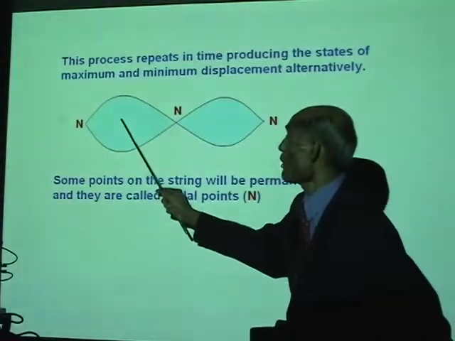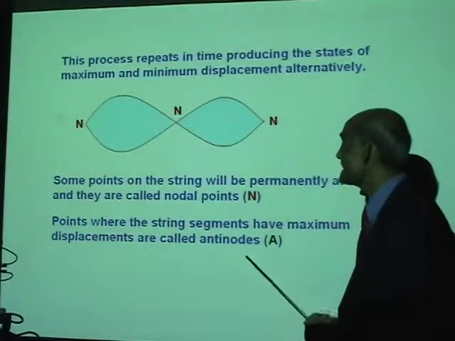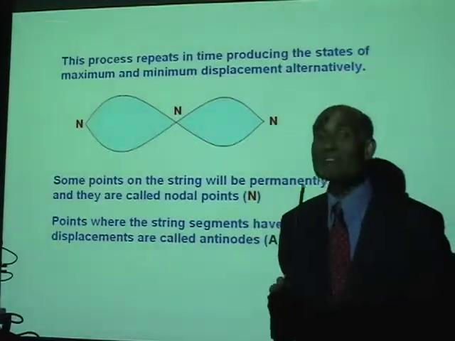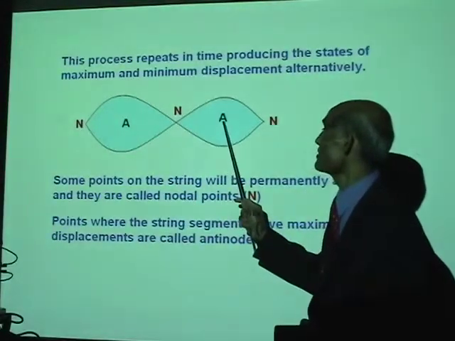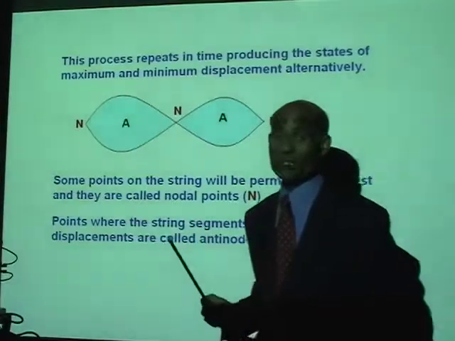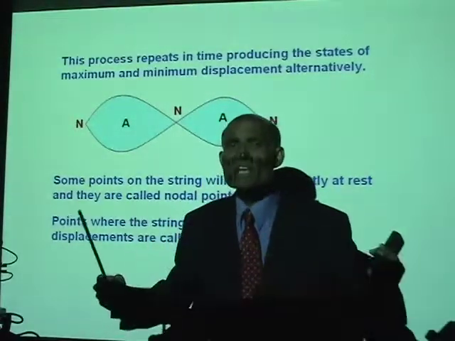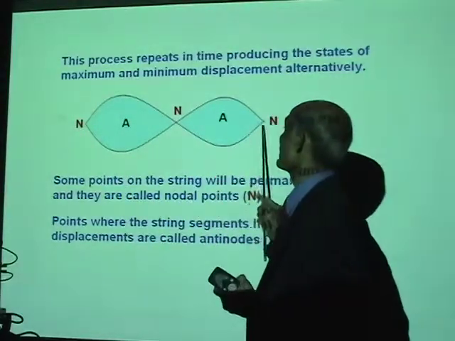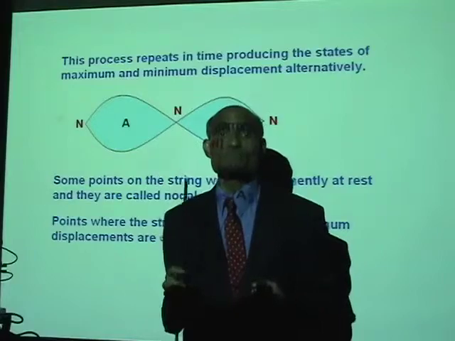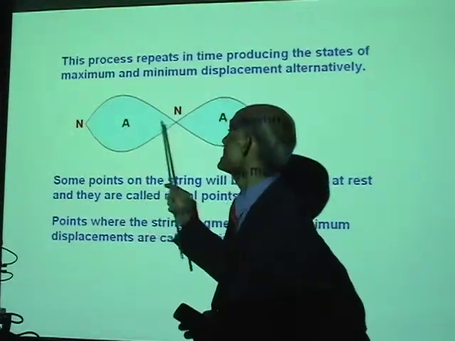Now, points which have maximum displacements are called antinodes. How many antinodes are there? This is an antinode, this is an antinode. So again, points where the string segments are permanently at rest are called nodal points, and points where the string segments will have maximum displacements are called antinodes.